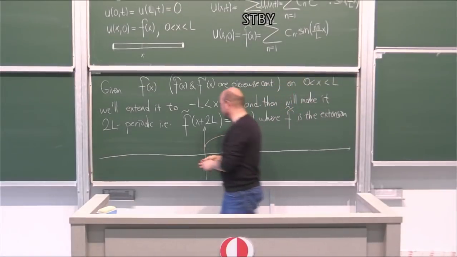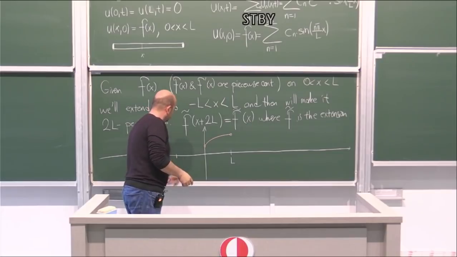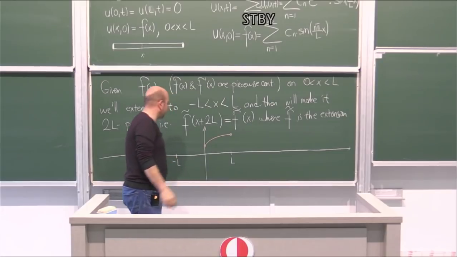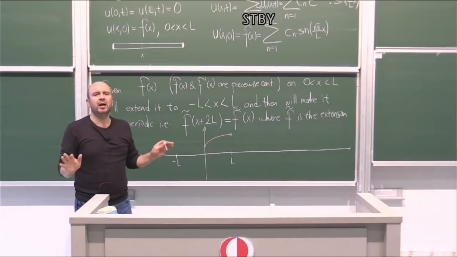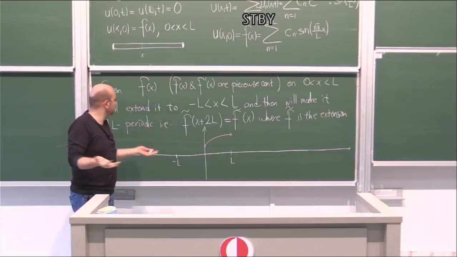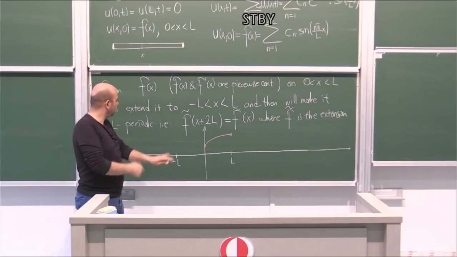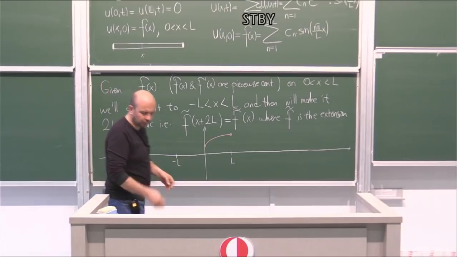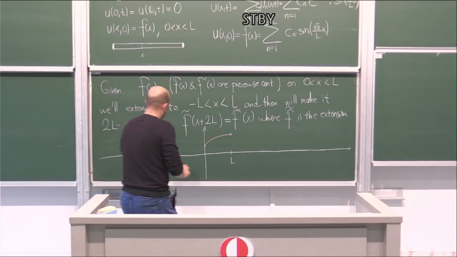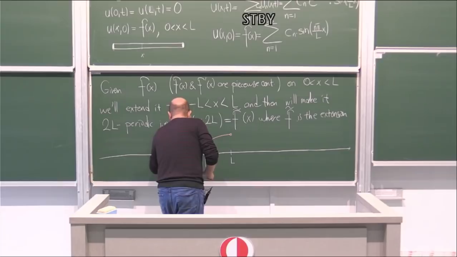Now I will extend it to the minus L part. So what is the extension? At this point, if nobody said anything, it's up to you. You can extend however you want. For this example, I'm just going to extend it as 0, because I'm just giving you an example.